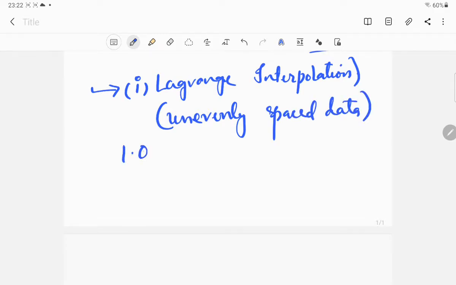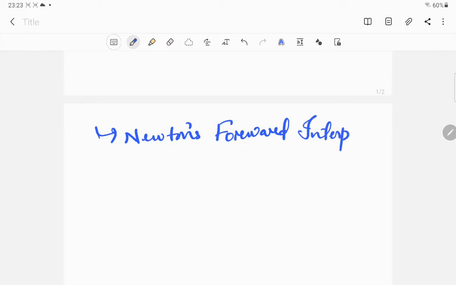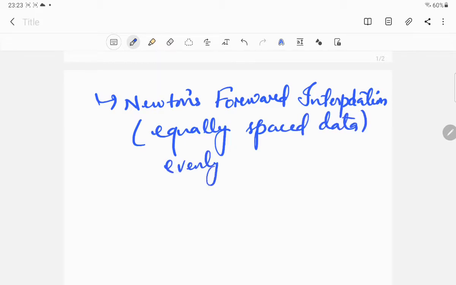Means 1, 1.2, 2.3, then say 3.1. They are not evenly spaced. That gap is different everywhere. And another method is called Newton's forward, that we have already used. It is for equally spaced data, or you can say evenly spaced data.